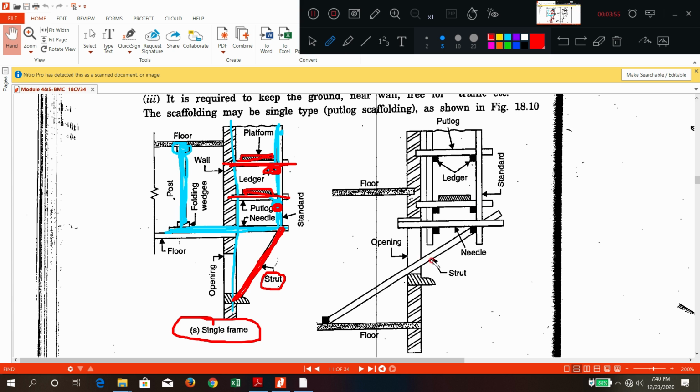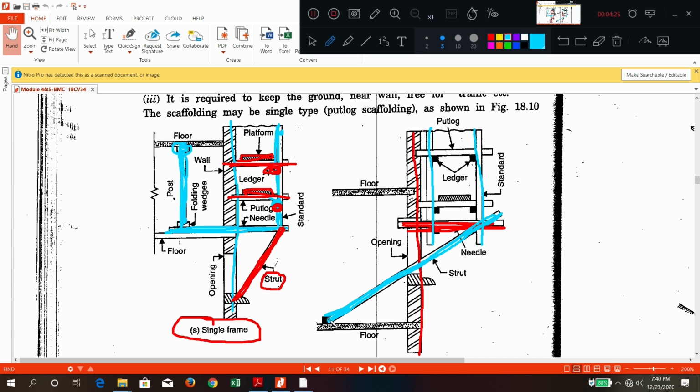Here you can have a double frame also. The same thing, the wall is there. Here you are going to insert the needles like this. Two frames will come: the first frame of standards, and the second frame of standards. To support this you have a needle beam like this.